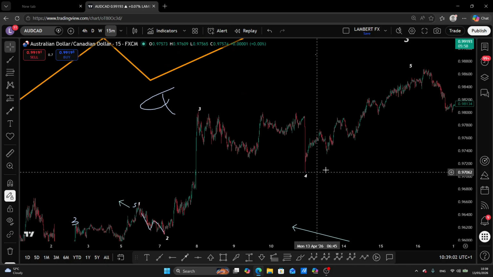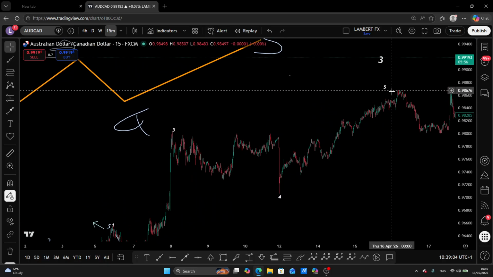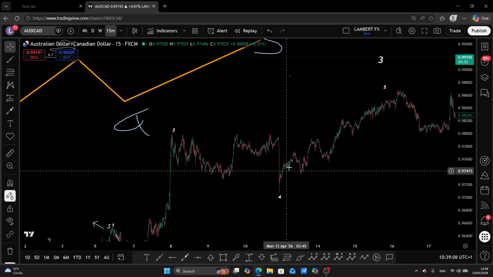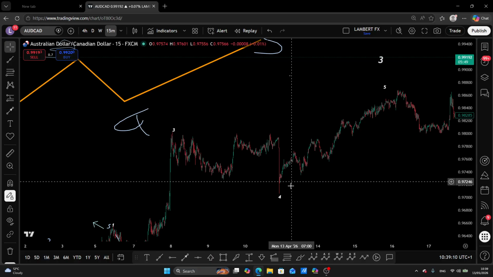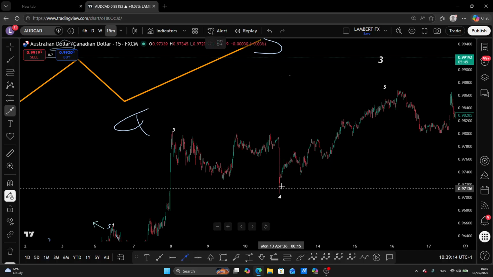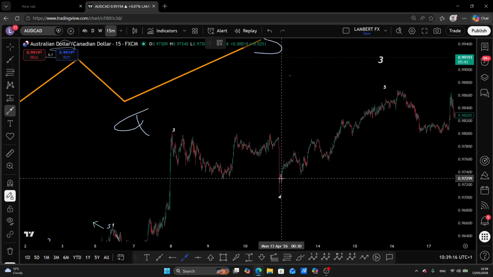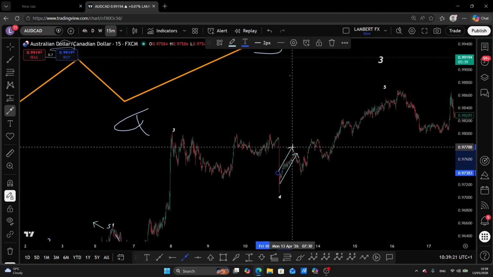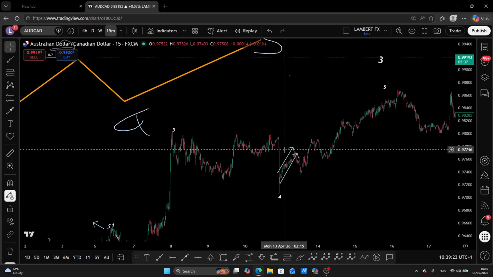After the 4, you need another 5 leg up for 5. If you count this leg up here, I just plotted the line for you. In Elliott wave we have two types of motive waves: impulse and diagonal.